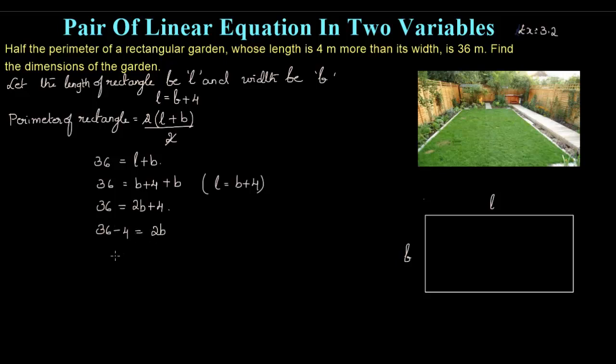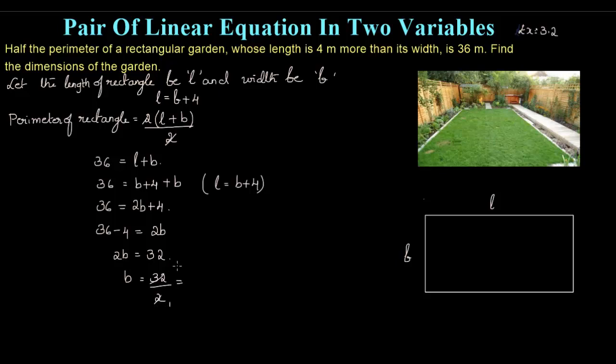Then you will have 2B. If I am shifting everything, then the sign will not get changed. If you are shifting any one thing, then only the sign will get changed. So 2B is equal to 36 minus 4, which is 32, right? So B is equal to 32 divided by 2.